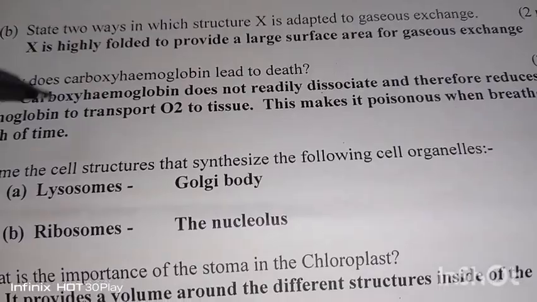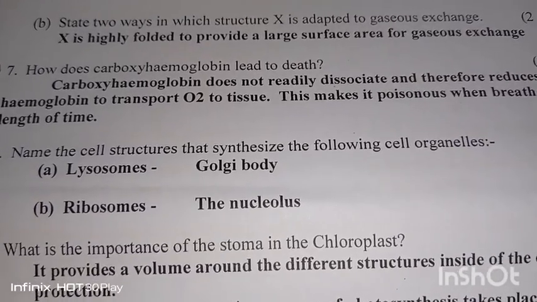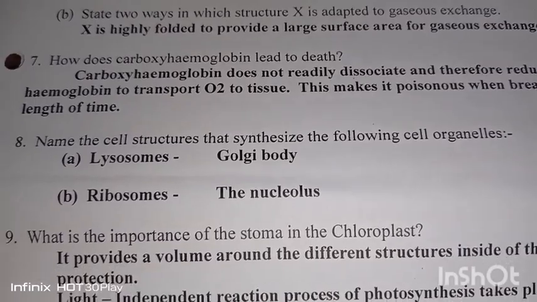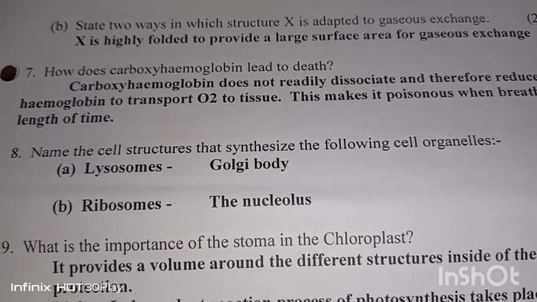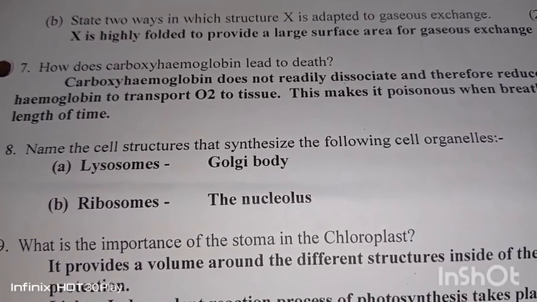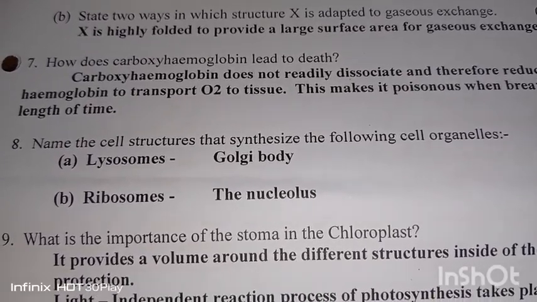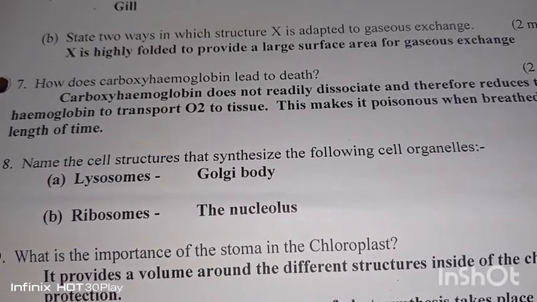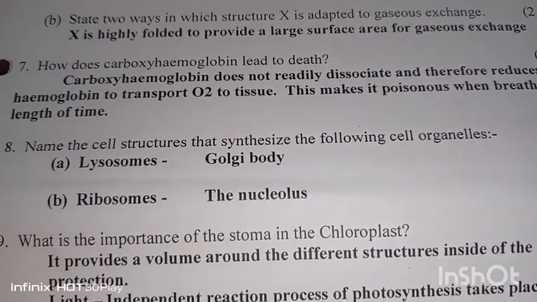Like one, it is highly folded to provide a large surface area for gaseous exchange. You can also say it has a rich supply of blood capillaries for gas exchange. You can also say that it is thin for easier diffusion of the respiratory gases. You can also say it has a large supply of blood capillaries to transport the respiratory gases.